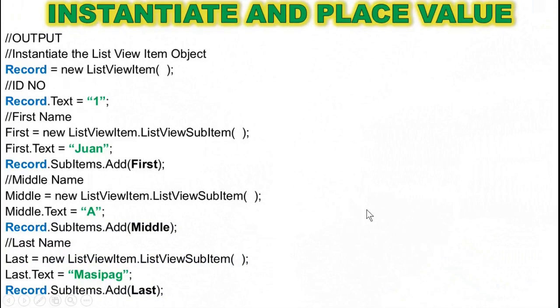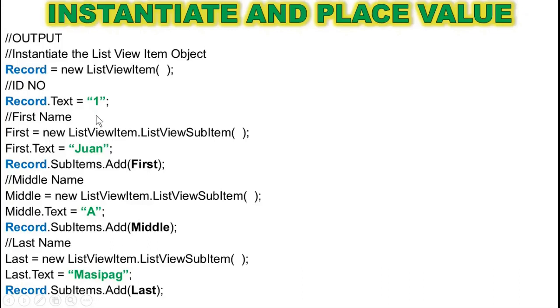Instantiate and place value. The following code will show how to instantiate and place values to be placed as a record in the list view. I instantiated the object named record and placed the ID number value 1.